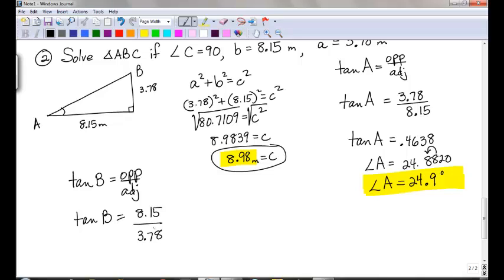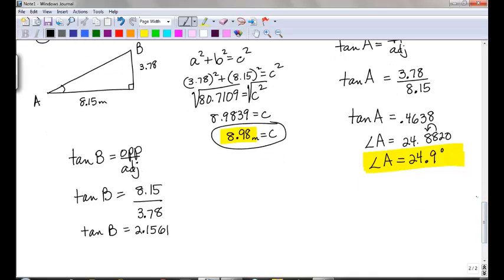Okay, and I get tangent of B is 2.1561. You know the value of the function, you don't know the angle, so that's when you do inverse tangent of that answer. Now, what you don't want to do is you don't want to just type in this. Why? Because you're not seeing all those other decimals.